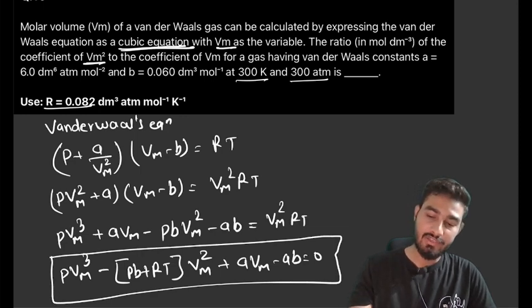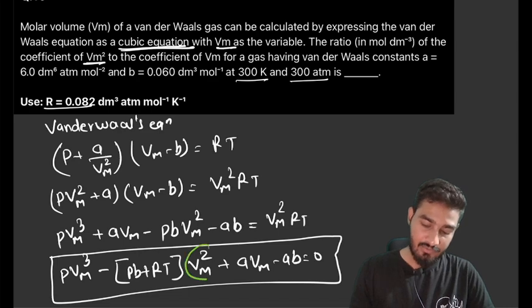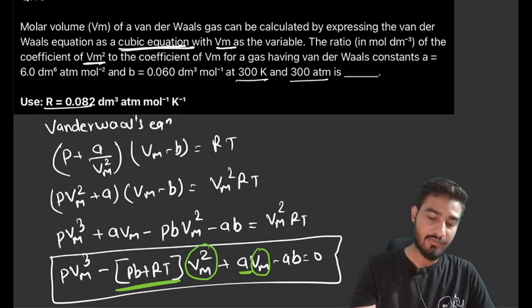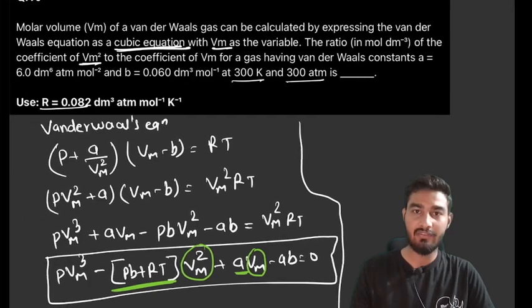In this cubic equation, if we check, Vm square is here and Vm is here. So this is the coefficient of Vm square, and A is the coefficient of Vm. That ratio is asked. If we calculate this ratio, we can do it easily because all values are given to us.